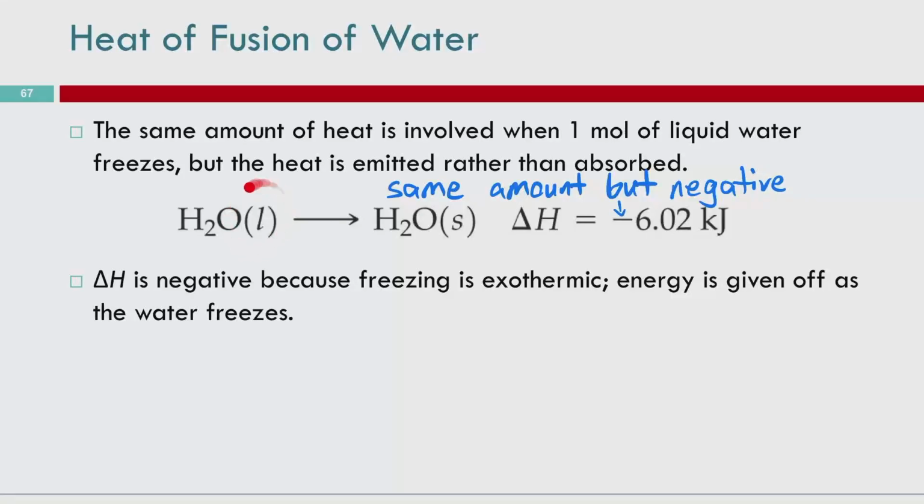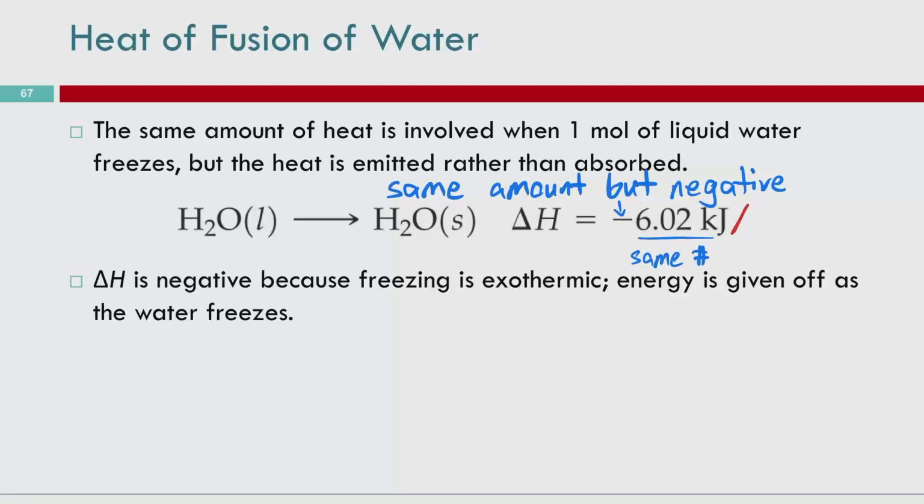So now we are going from a liquid to a solid, so we're freezing our water. As we talked about previously, that's exothermic. Heat is being emitted or released so that our water can settle down and get into its solid state. So it's a negative value. It's the same number because it's the same process, just the opposite process, so it's a negative sign.